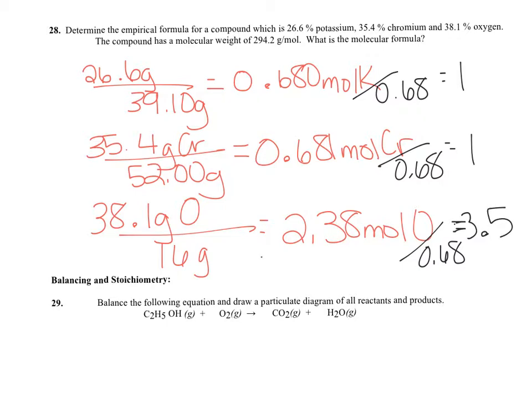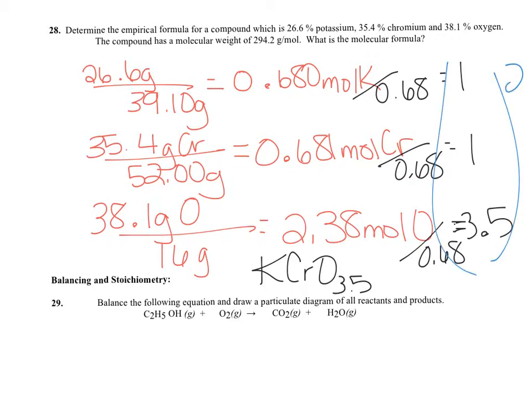So this is going to be KCrO3.5. So we have to take care of that. What do we multiply everybody by? 2. Good. We're going to multiply everybody by 2. So this is going to change it to K2Cr2O7. You should be able to recognize this. Who is that? That's the dichromate.